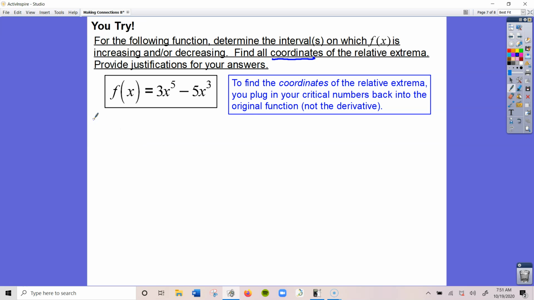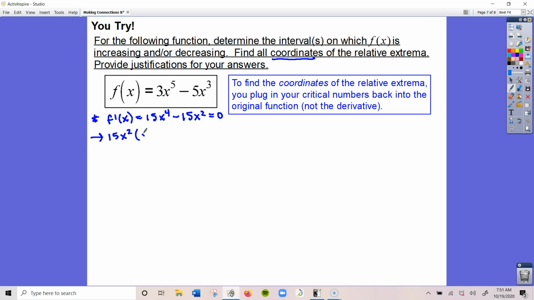So here we go. First I'm going to find my derivative. So f prime of x is equal to 15x to the fourth minus 15x squared. So here we'll make it equal to 0, and what we can do is factor. I can factor out a 15x squared.